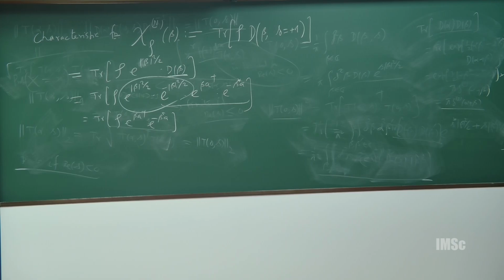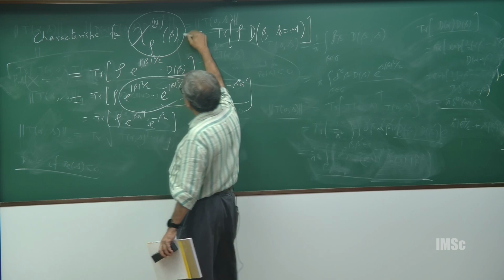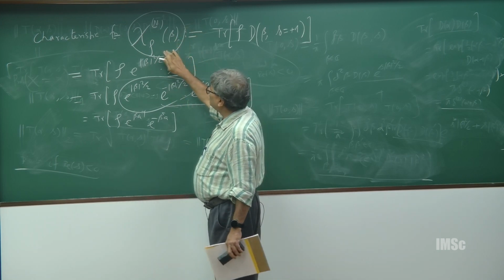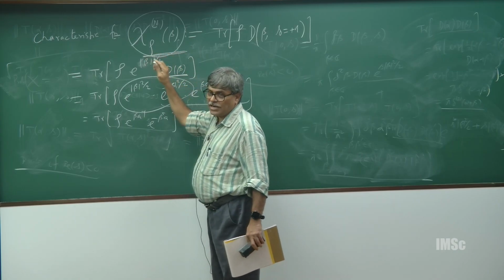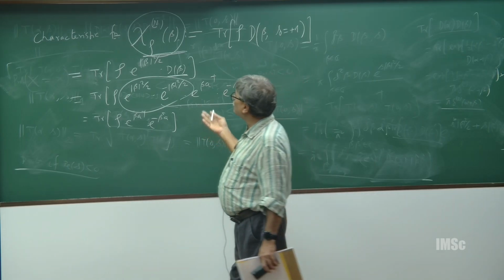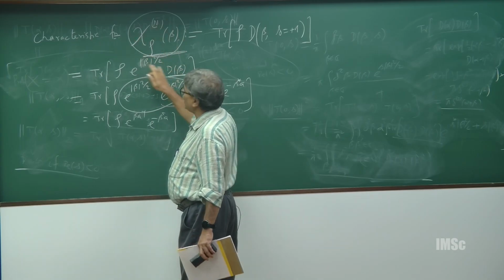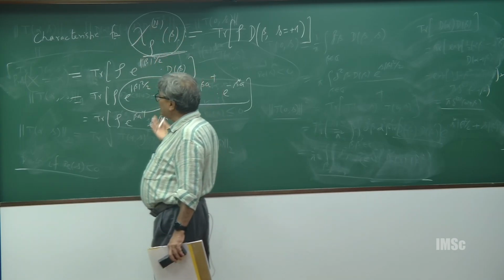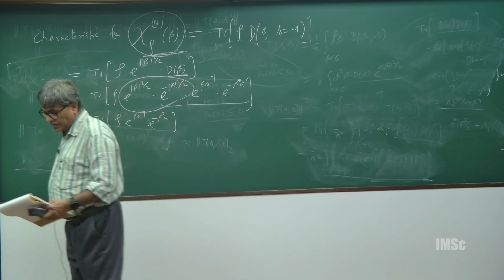Now, how does it help? The question is that for this characteristic function, I do not know a priori whether it is square integrable, in the sense of whether the complex Fourier transform of this characteristic function exists or not. For some density matrices, of course, the complex Fourier transform will exist, in the sense that this will be square integrable. For some other density matrices, that Fourier transform may not exist, because it is not square integrable.